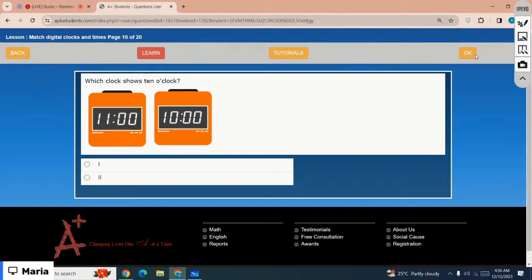Which clock shows 10 o'clock? Which is the correct option?